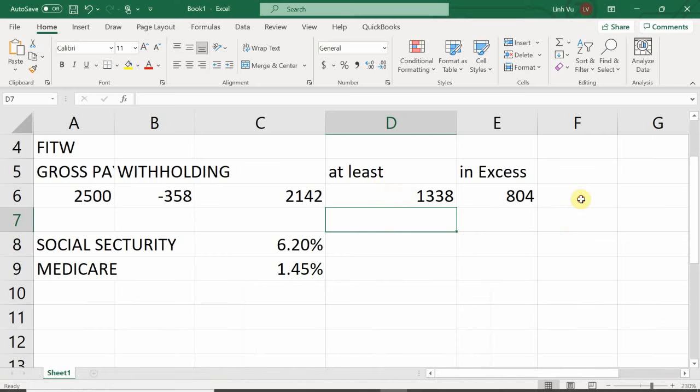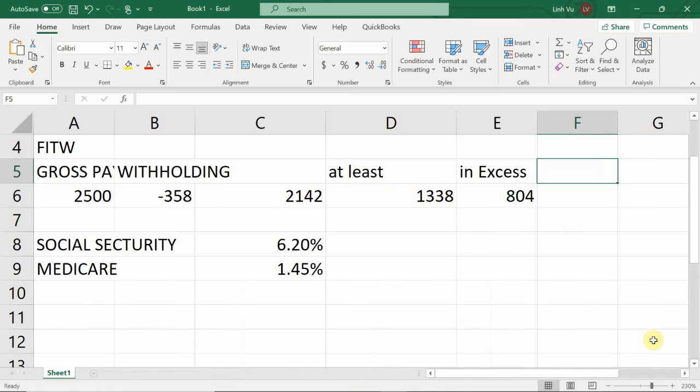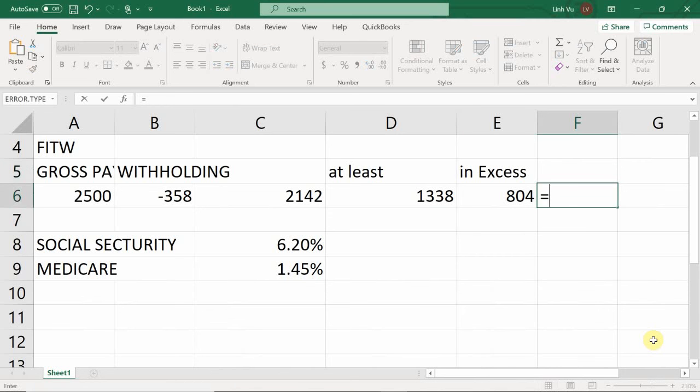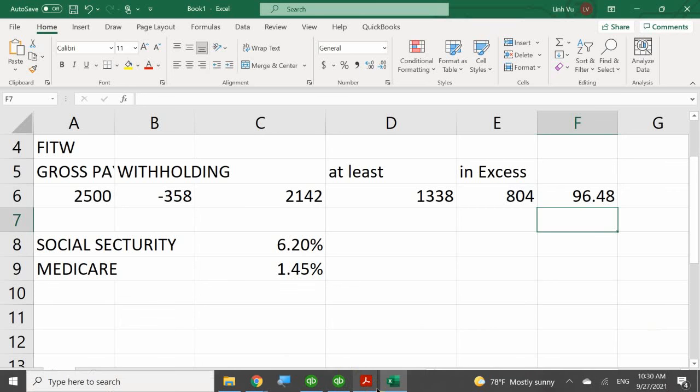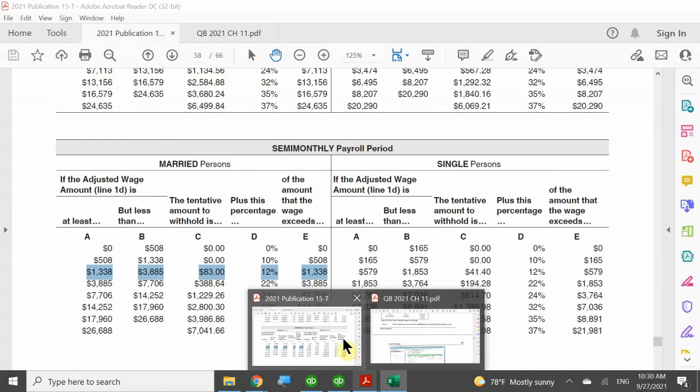So I'm going to figure out how much in excess she's going to make, which is $804 times 12% to give me a total of $96.48 in excess. And what I'm going to do is take a look at how much she is going to get taxed by the government regardless.